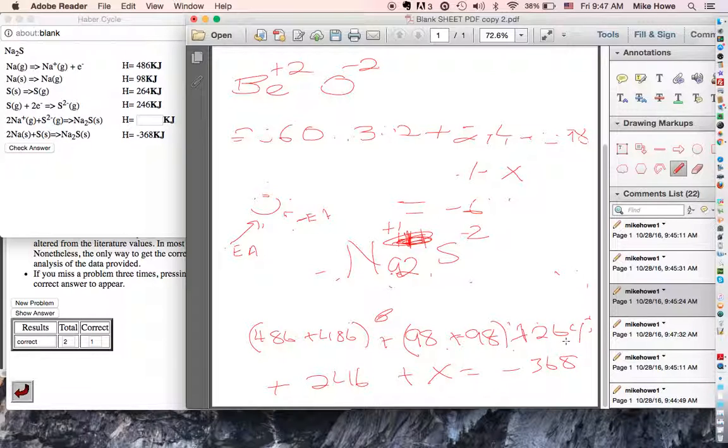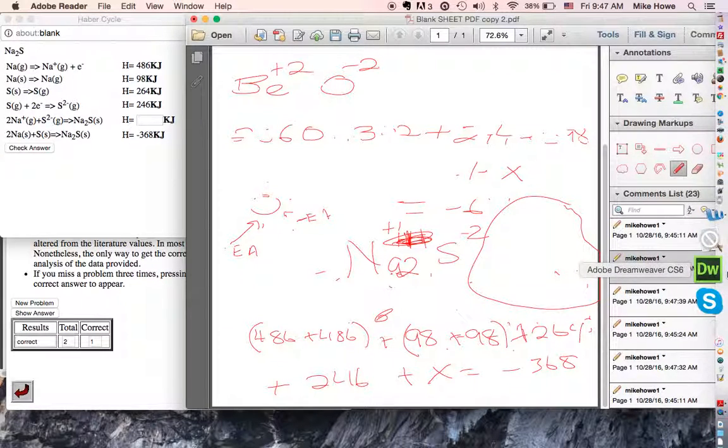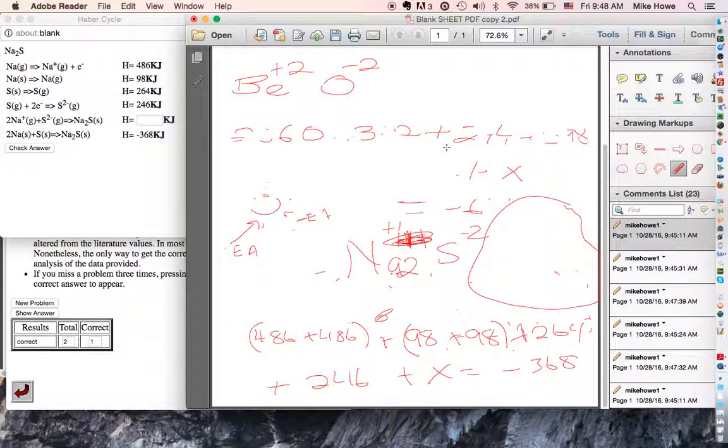Again on my phone, I'm going to put the final summation right in this little space. I'm going to have 486 times 2 plus 98 times 2 plus 264 plus 246. And I get 1678.